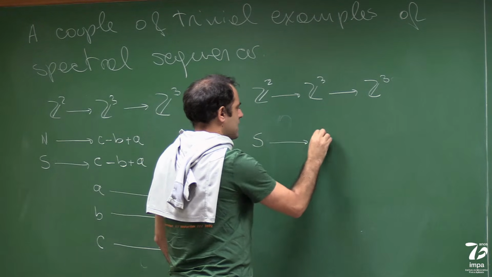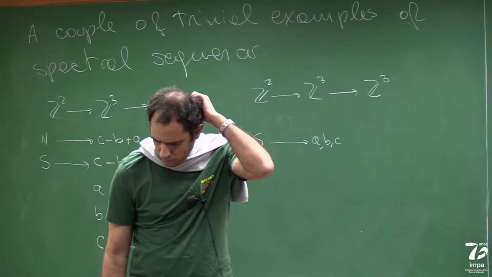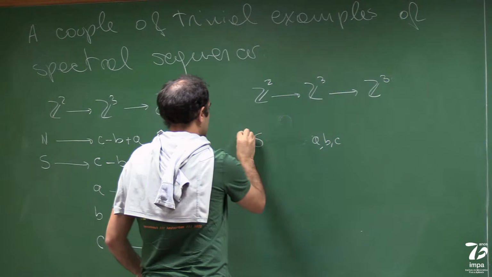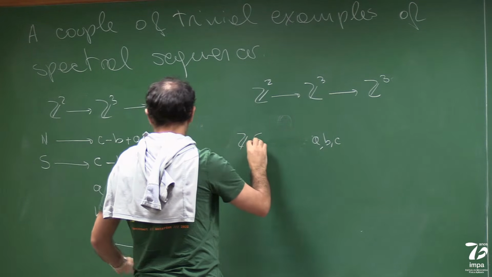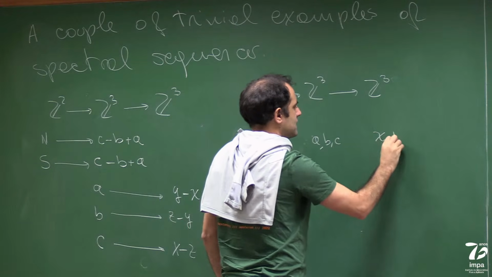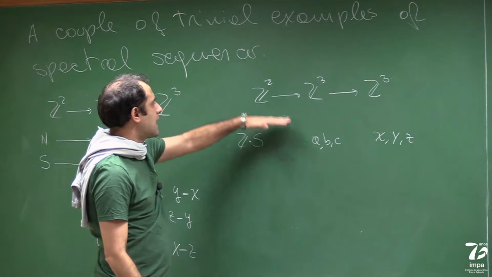I'll take A, B, and C. And here I'm going to have Z instead of Z2. And I'll take Z3 inside of this Z3, and I'll take X, Y, and Z. So this is a sub-complex of that.